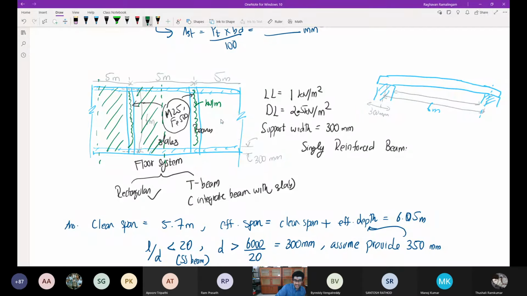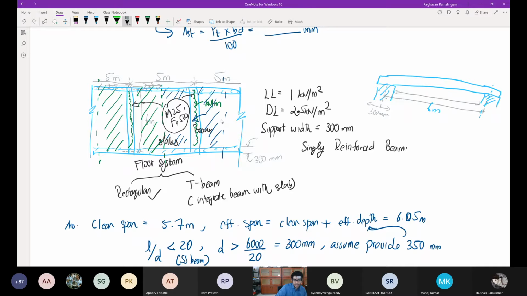Similarly, whatever load is on this part comes onto this beam. I have already told you that center to center for these beams is 5 meters. So basically it will be 2.5 to this point and 2.5 to this point.